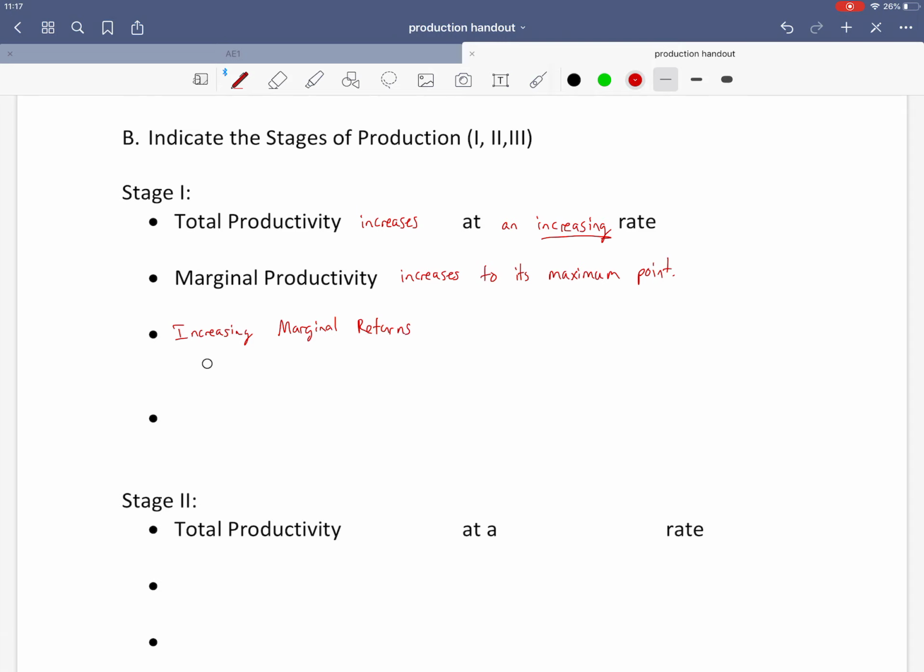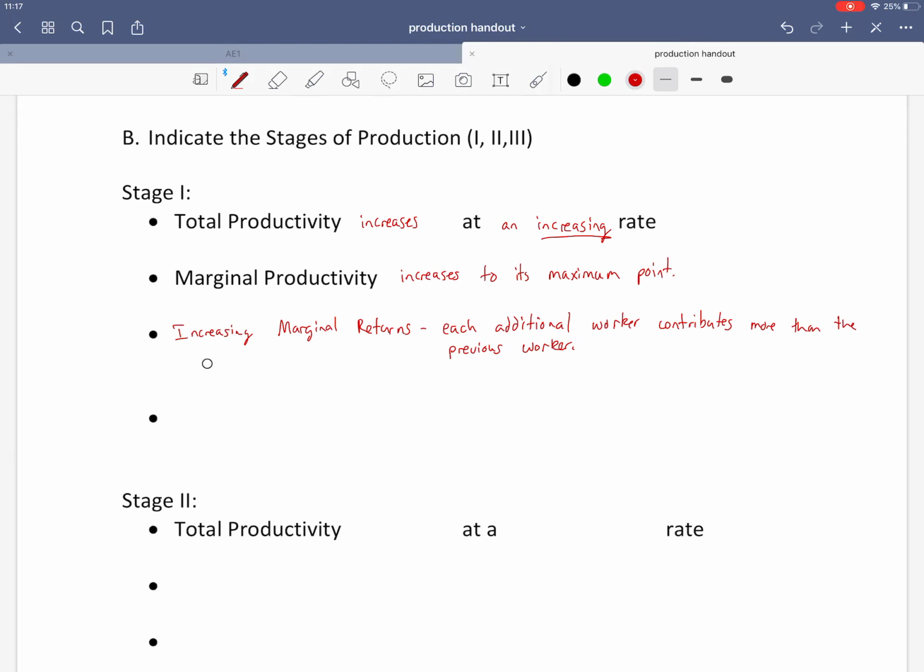Now, this just means that each additional worker contributes more than the previous worker.